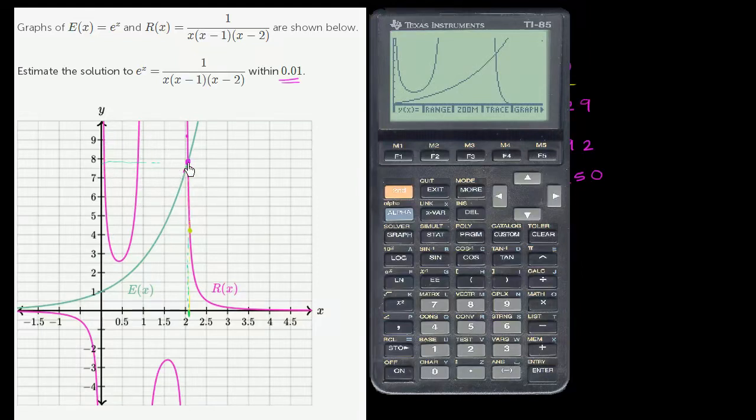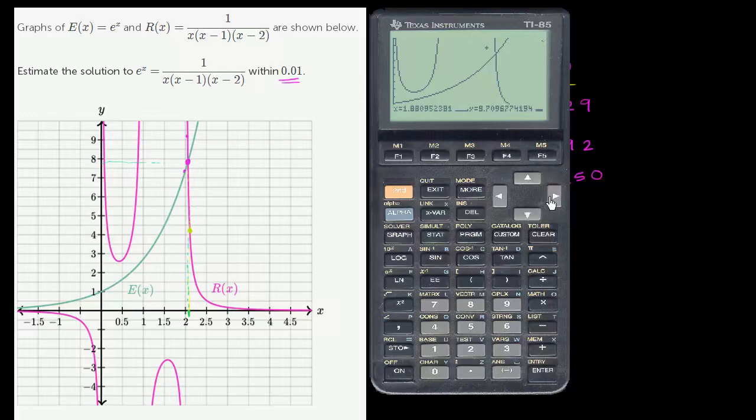Now what we care about is this point, or on our calculator, this point right over here. We want to figure out what x value, what is the x coordinate of this point of intersection. This is when our two functions are equal to each other. So let me zoom in on this. I think I can use this box functionality. It essentially lets me construct a box around this, and it's going to zoom into that box.